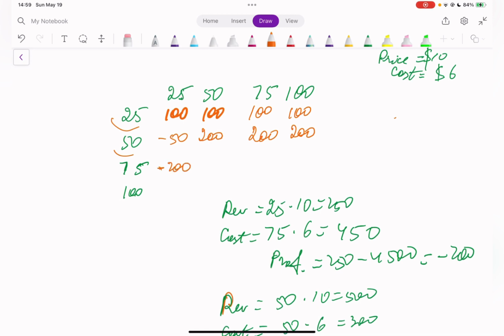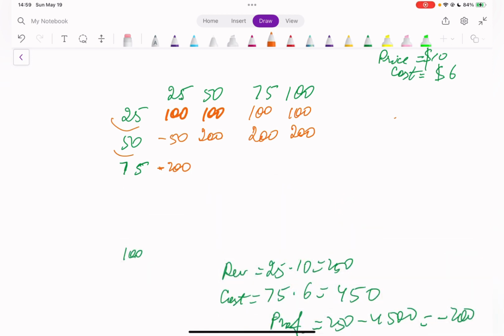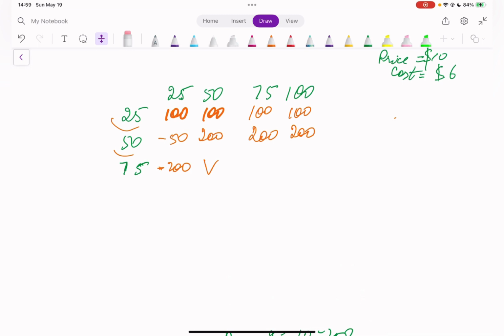So 75, but the demand is 50 now. Okay. So we are offering 50. So 50 times revenue, 50 times 10, 500. Cost, 50 times 6, 300.